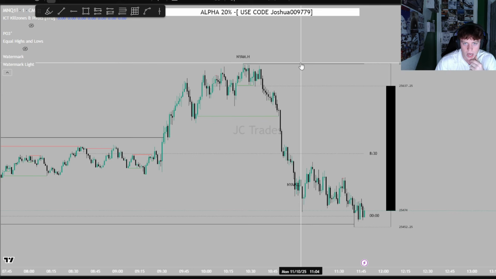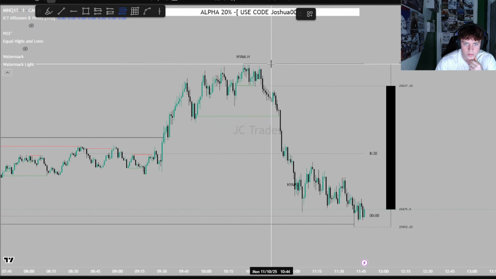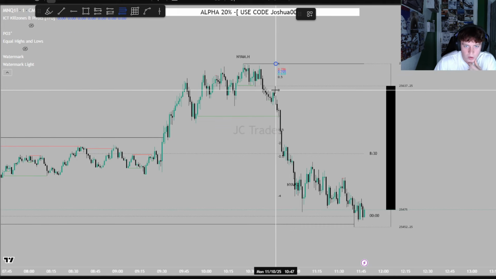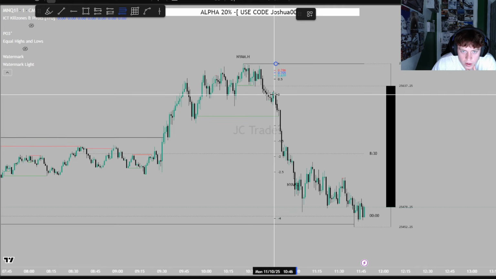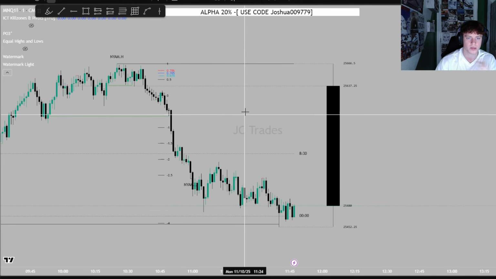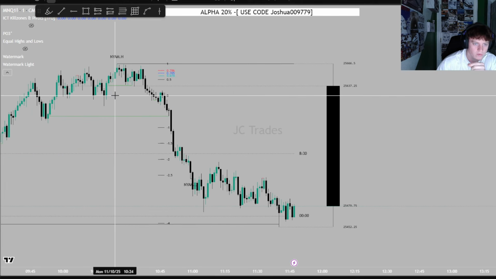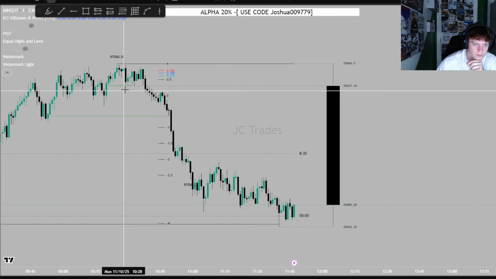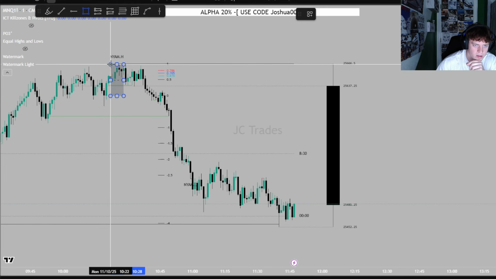So let's measure out from this high right here, whoops, in New York AM session, all the way to, I don't know, this candle right here, because the candle bodies are always going to be more precise. So if we measure from this candle body open right here to the top, this is our manipulation leg.